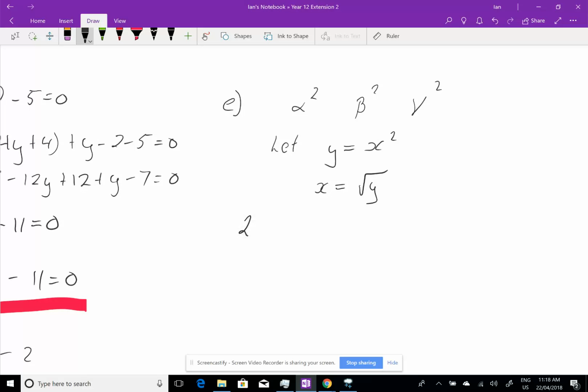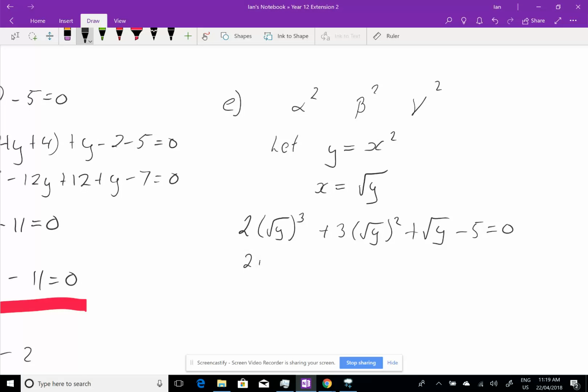So I get 2 root y cubed plus 3 root y squared, well that's just going to come out anyway, plus root y minus 5 equals 0.